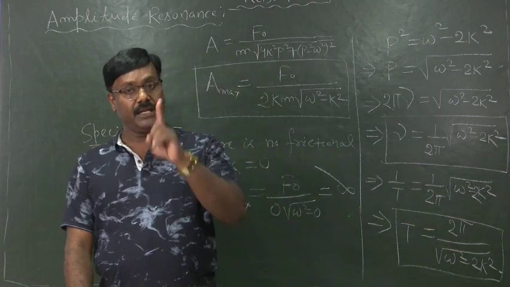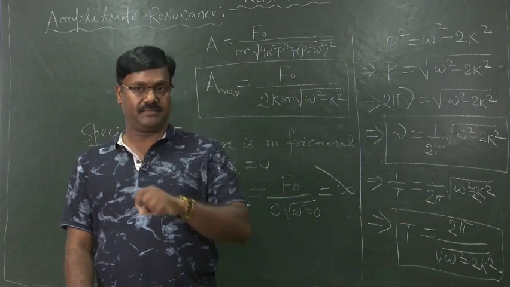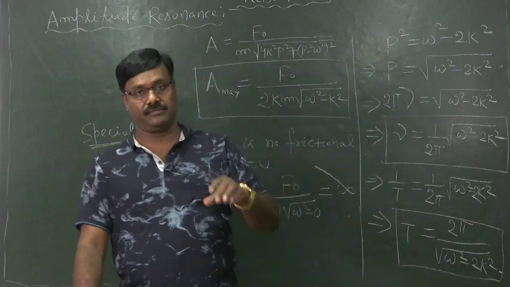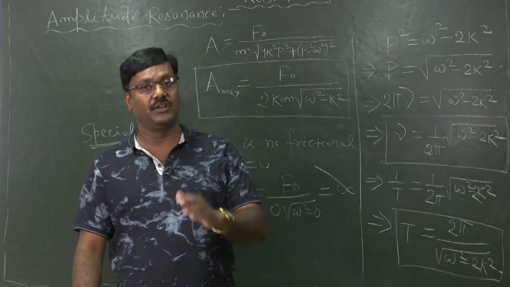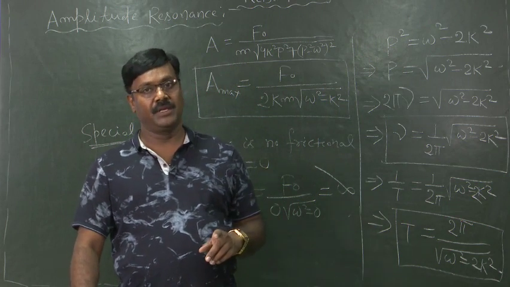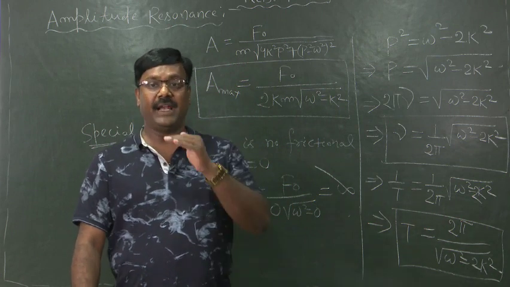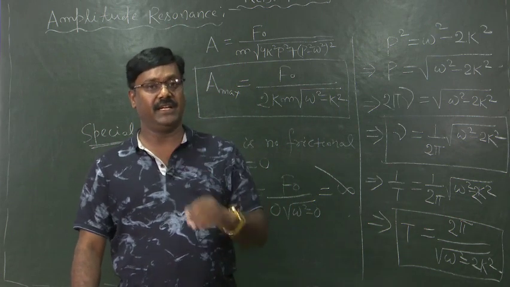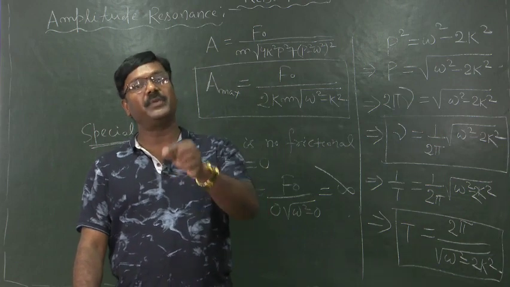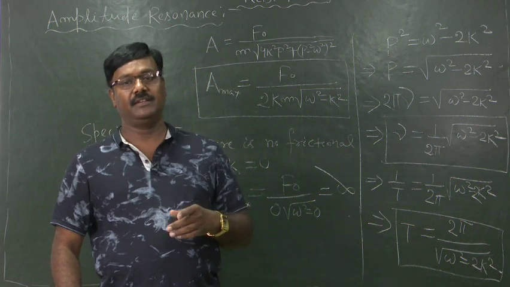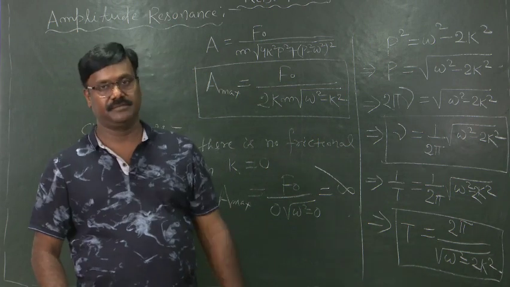That means if by chance the frequency of the applied force given by the soldiers during their marching is exactly balanced or coincides with the natural frequency of the bridge, then resonance will occur.